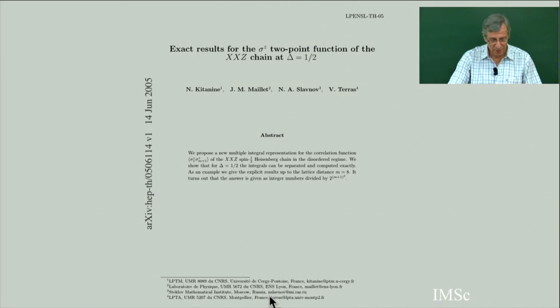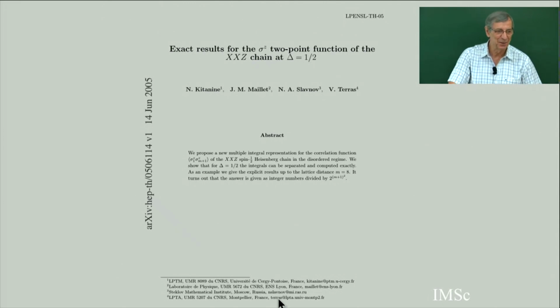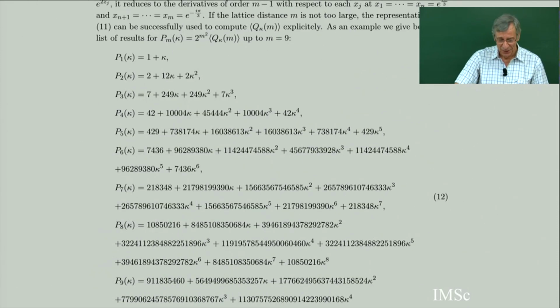There was a paper by a physicist in Lyon in 2005 about the XXZ spin chain model. If you don't understand anything, it's not important. There are many computations in this paper about correlations in this spin chain model. And the surprise is at the end of the paper, you have this page.